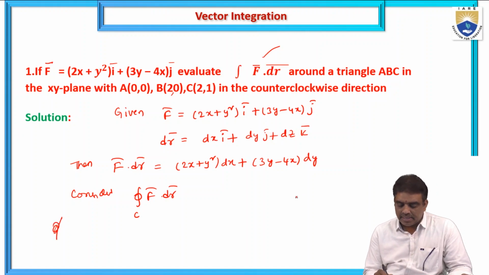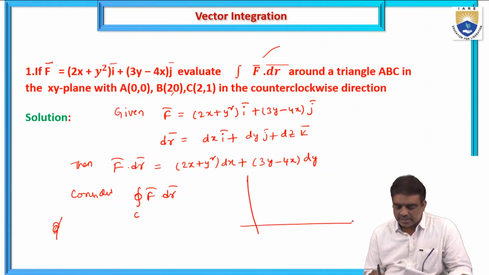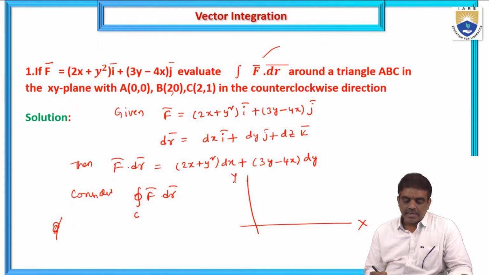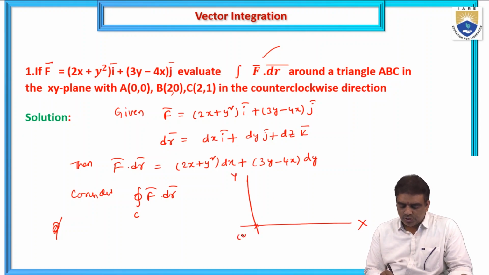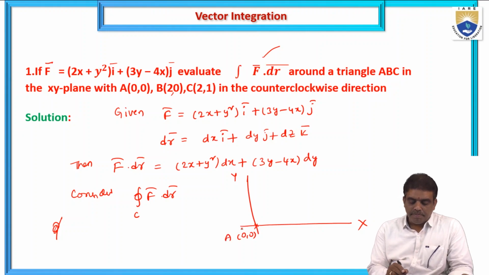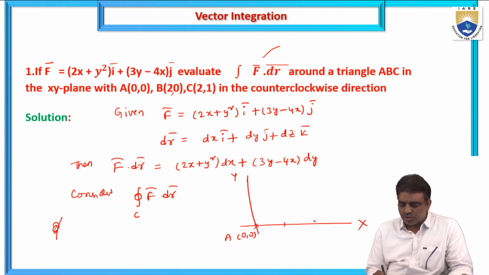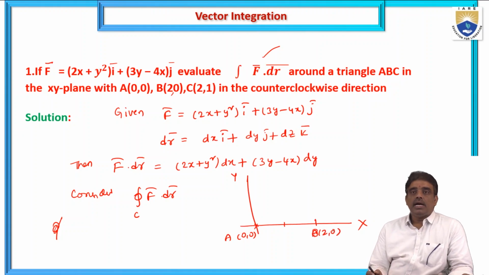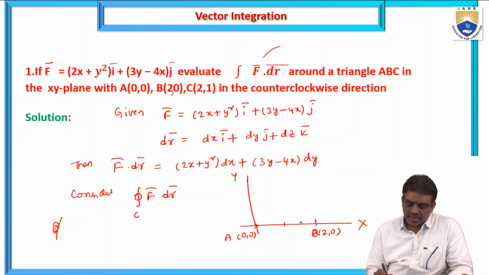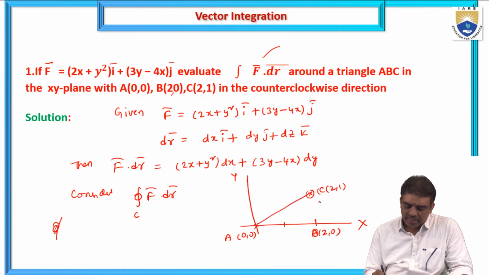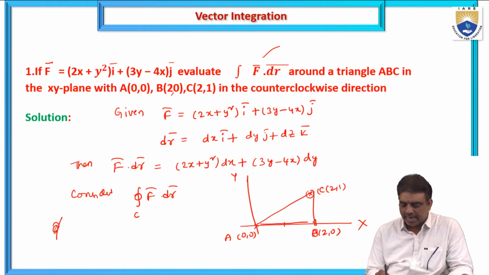Suppose we write in the Cartesian system with the x-axis and y-axis, the vertices are A(0, 0), B(2, 0) also on the x-axis, and the other point C(2, 1), at x equal to 2 and y equal to 1. The triangle will be like this.